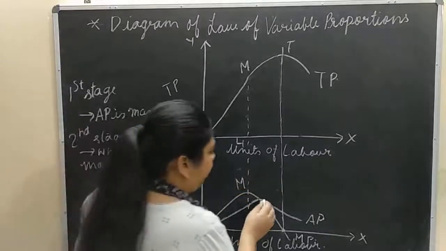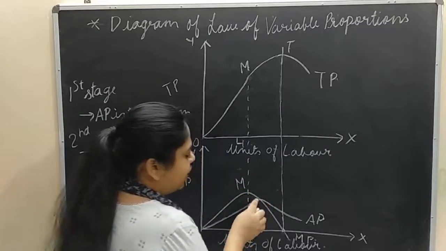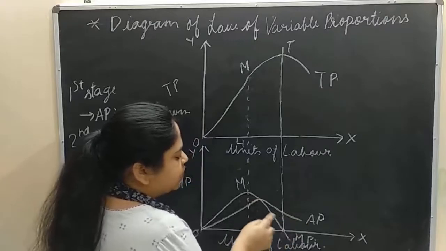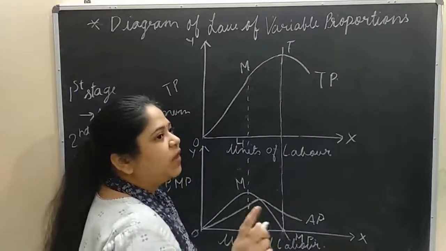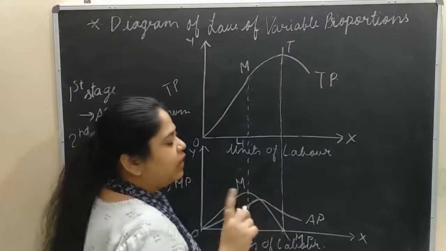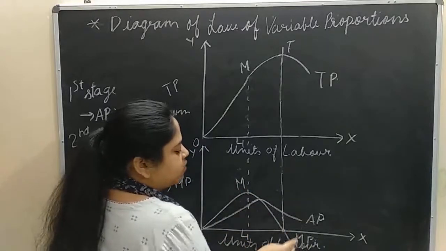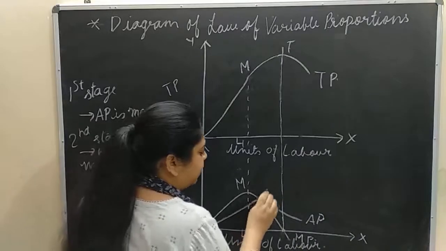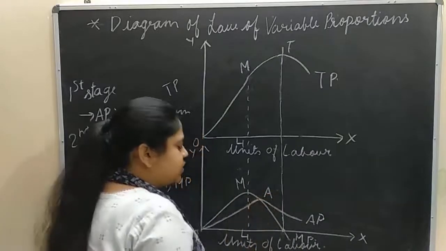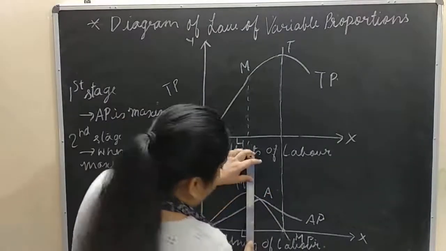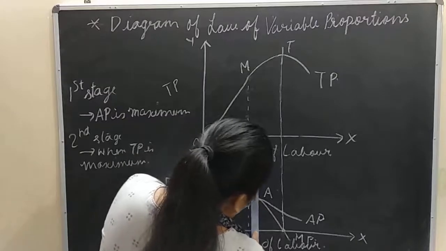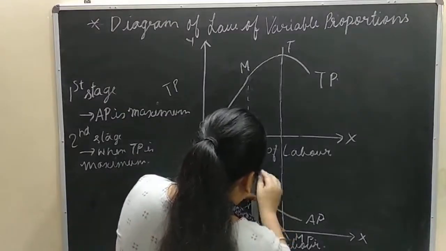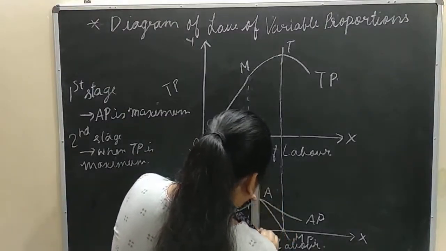The point where AP is meeting MP is the point where AP is maximum. This point A is the place where AP is maximum. From the maximum point, draw a line above and draw a line beneath.